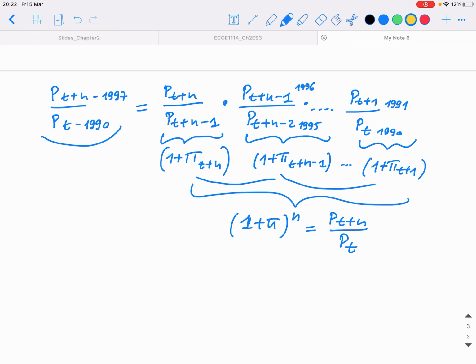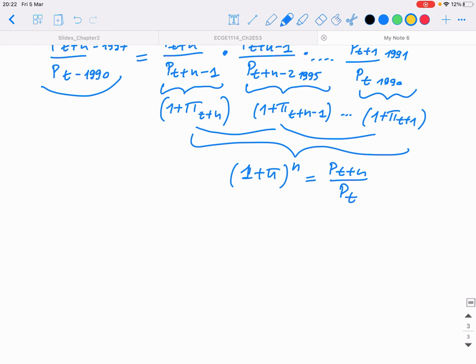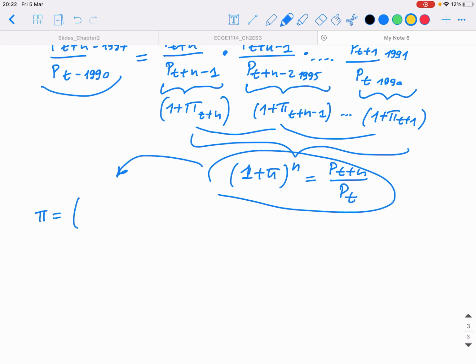From here we derive the formula for the geometric average, which is what we saw during the previous session. So we can calculate the average inflation between any 2 years during this whole period between 1990 and 1997. If you just take this and rearrange, you will get this expression.